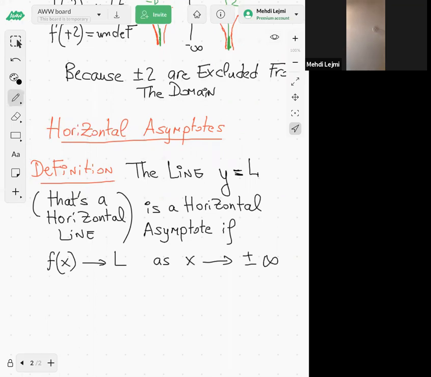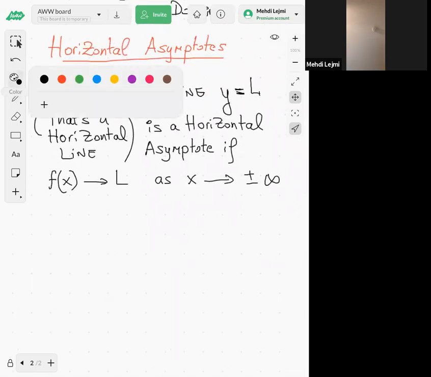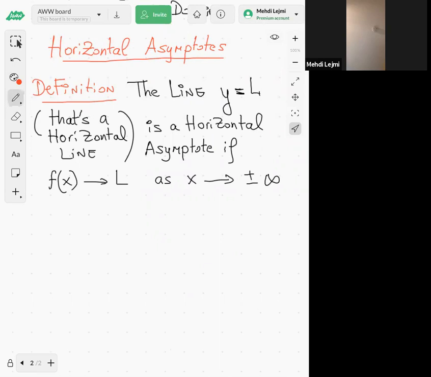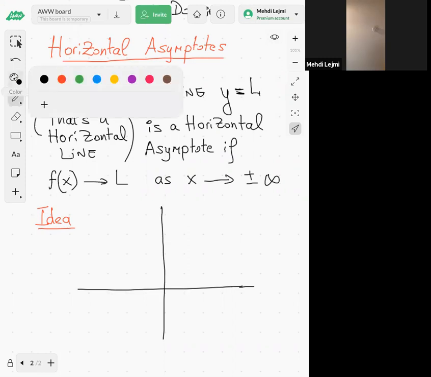Okay, so before the examples, the idea. The idea is the following. Let's say we have a graph, and y equals L is a horizontal asymptote.